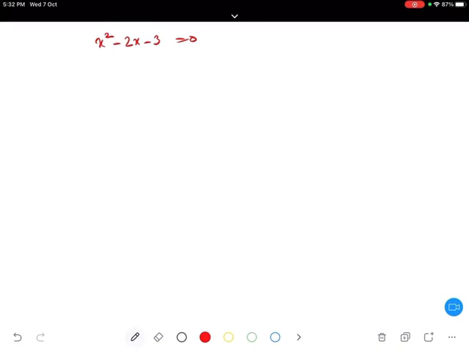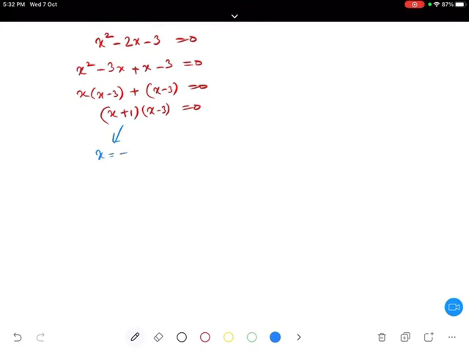Here I will do middle term splitting: x² − 3x + x − 3 = 0. So x(x − 3) + 1(x − 3) = 0. So (x + 1)(x − 3) = 0. So here we have two x values: x = −1 and x = 3.